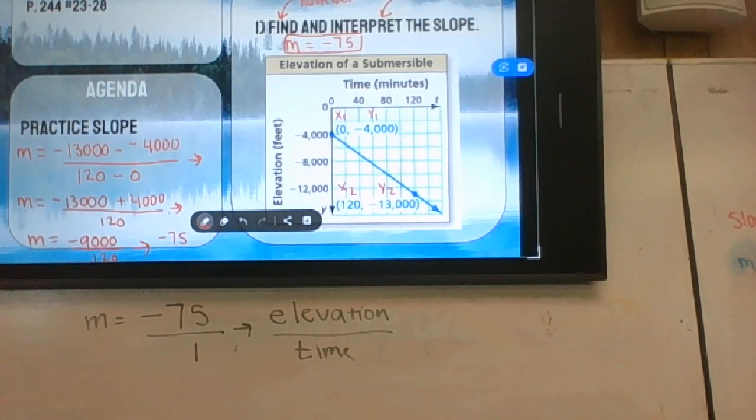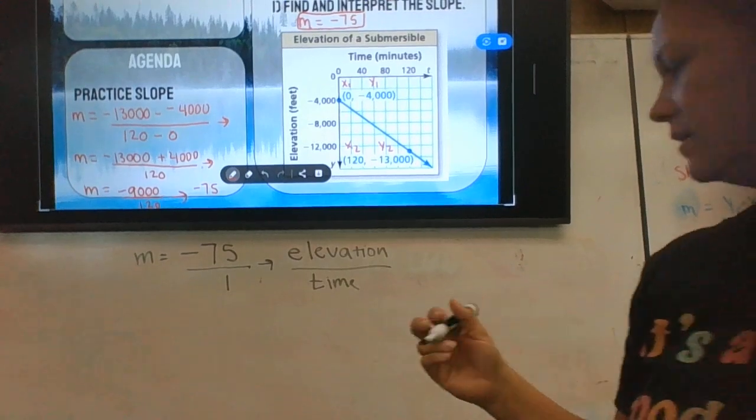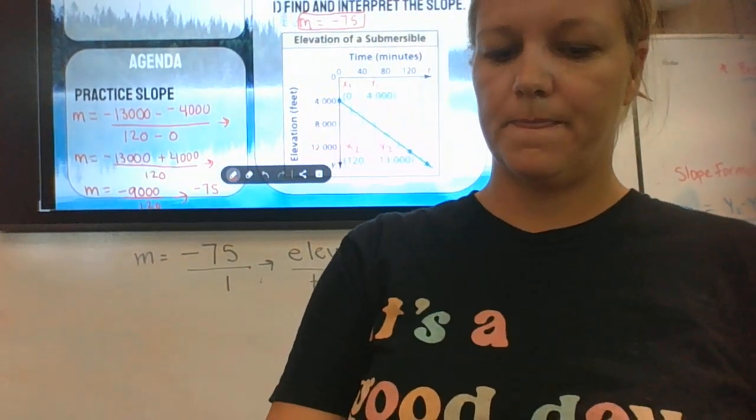So we need a sentence to describe that. You can put negative 75 over 1 in a sentence with elevation and time. The slope of the equation is negative 75 with an elevation.